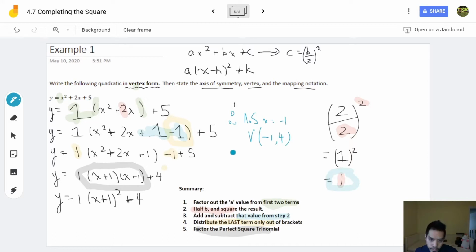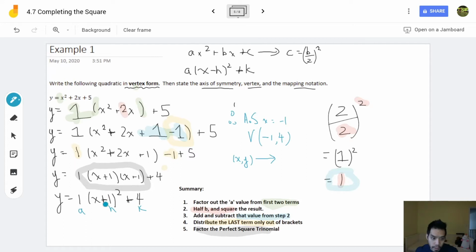And the mapping notation. The mapping notation is x comma y, so that's every x and y coordinate of our parent is going to be transformed according to this transformation, which is a, h, and k.